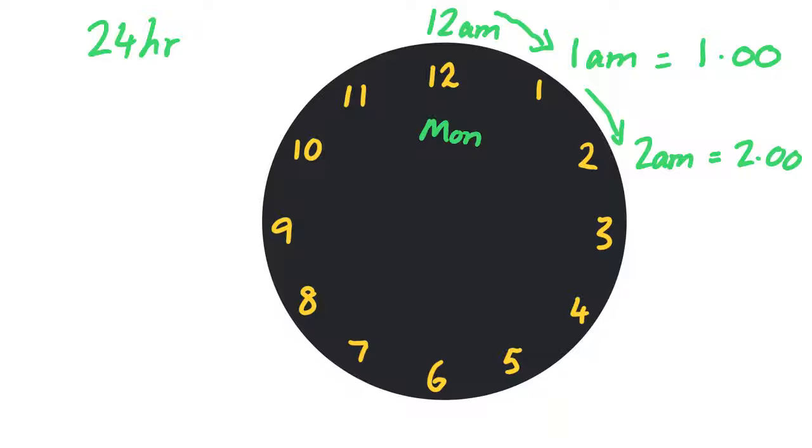So, of course, 3 would be 3 a.m. or 300 hours, or 4 would be 4 a.m. and 400 hours, 5 a.m., 6 a.m., 7 a.m., 8 a.m., 9 a.m., 10 a.m., 11 a.m. So let's write that one in, 11 a.m. So 11 a.m. in the morning, or we could call that in 24-hour time 1100 hours.